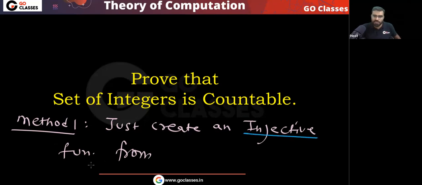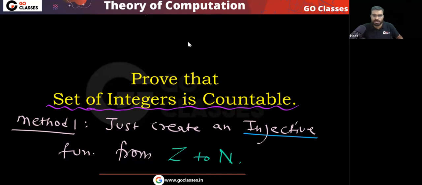I want to prove that integers are countable, so tell me what I need to do. I need to create an injective function from where to where? From integers to natural numbers.